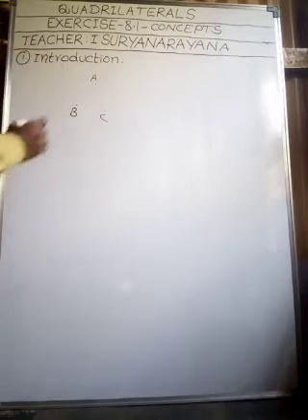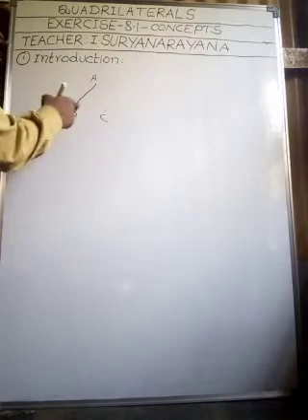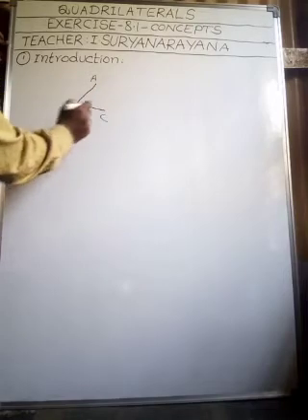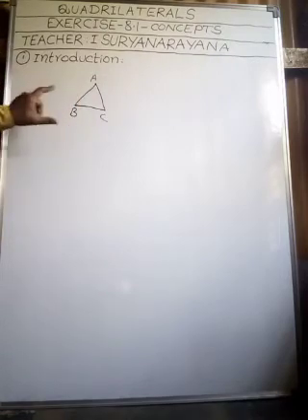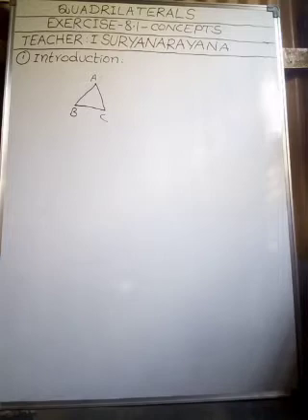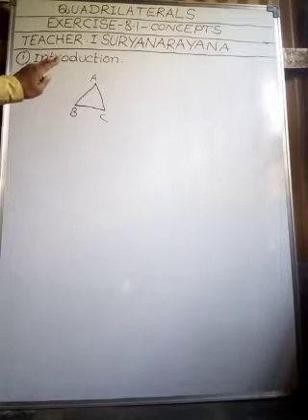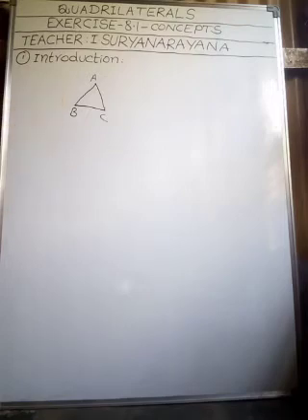If you join these three points in pairs, then the figure formed is said to be a triangle. You have studied many properties of triangles in chapter 6 as well as in chapter 7. Okay, my children.